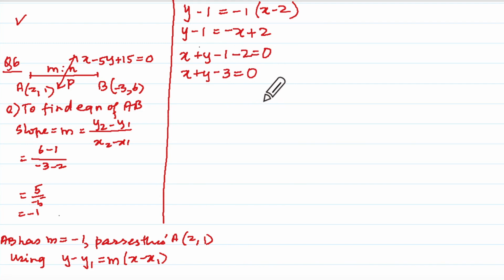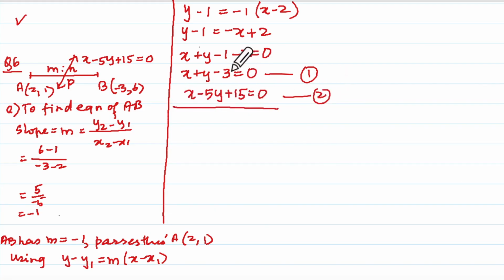Equation of AB. Okay. Now I'm going to call that equation 1. And now I'll take x minus 5y plus 15 equal to 0. This is my equation 2. I should have taken this 3 that side so that it looks like a proper simultaneous equation.